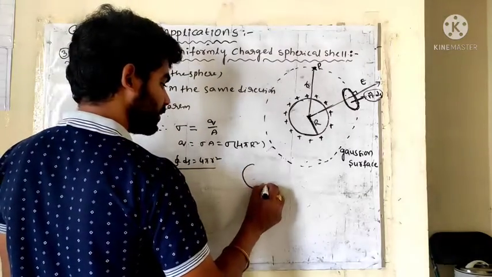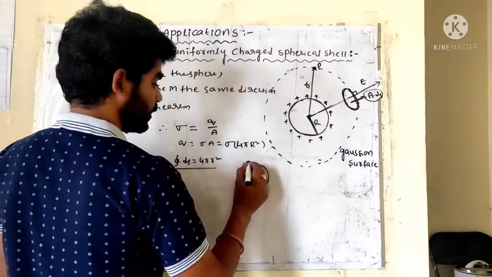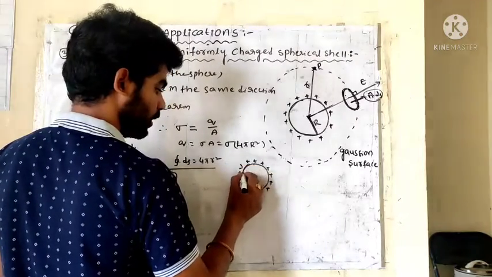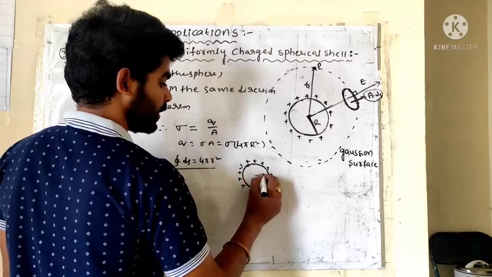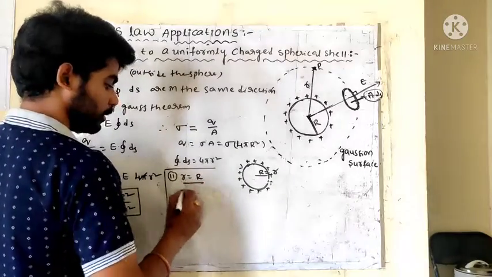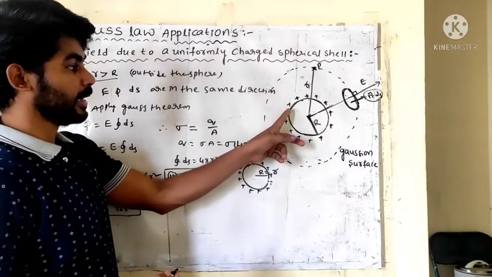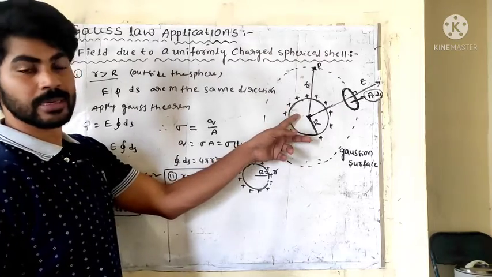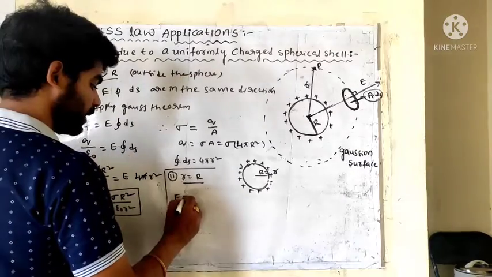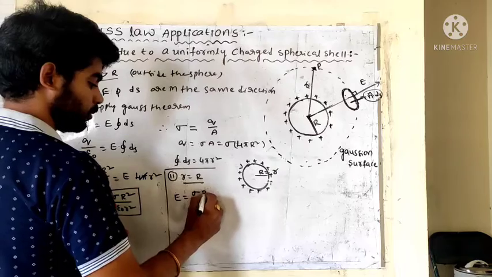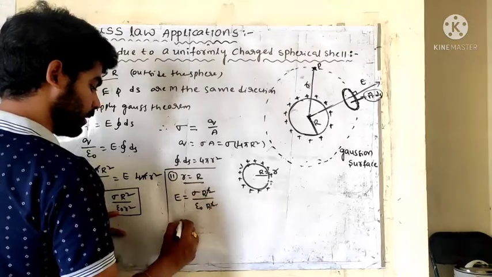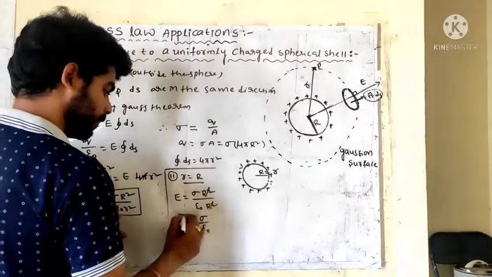Here the Gaussian surface and the spherical shell have the same radius, so r is equal to R. Simply substitute in the outside equation: E is equal to sigma R square by epsilon naught r, with r equal to R, so the square cancels and E is equal to sigma by epsilon naught.